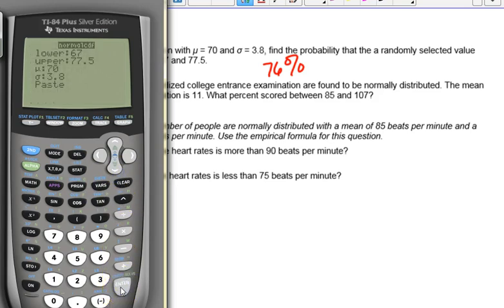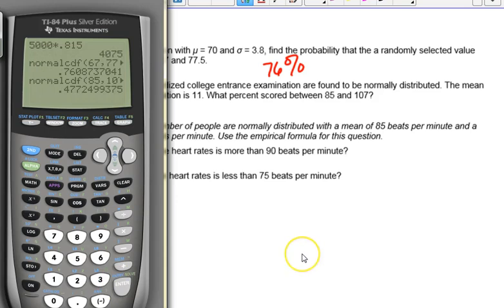Okay. 85, 107. What was it, guys? What's the mean? 85? I got 47.7%. Okay.